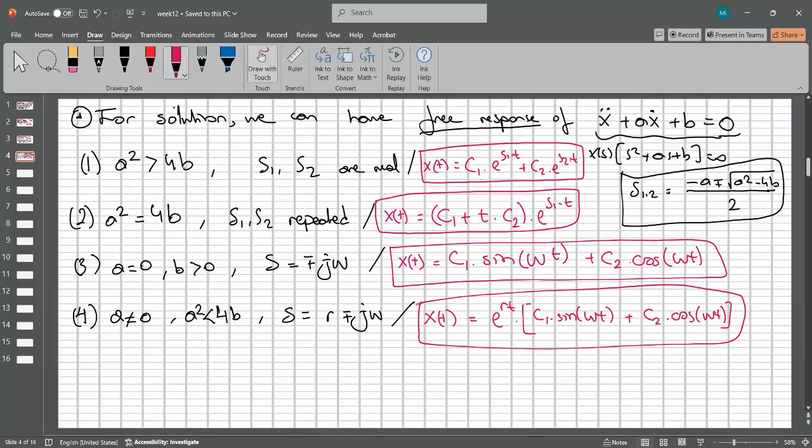Yes, we have always said the same thing, but we need to define it mathematically. If time goes to infinity, x(t) goes to what?